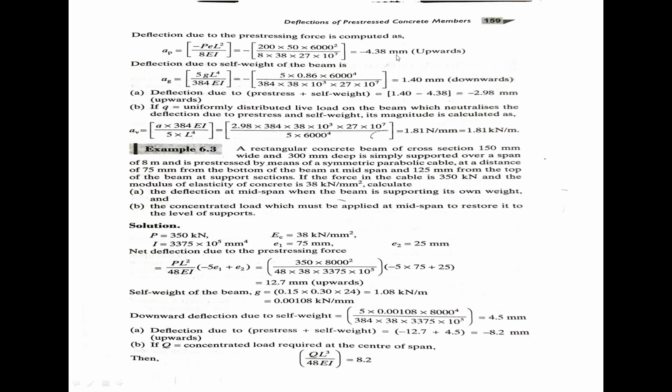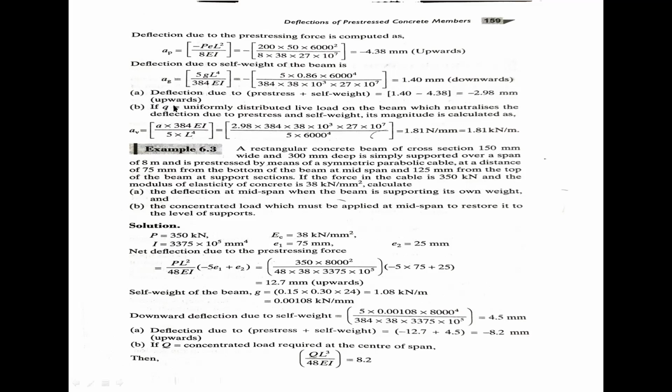The negative one is upward due to the prestressing force, deflection minus 4.38 mm. So the deflection due to self weight of 1.40 mm is positive, downwards.